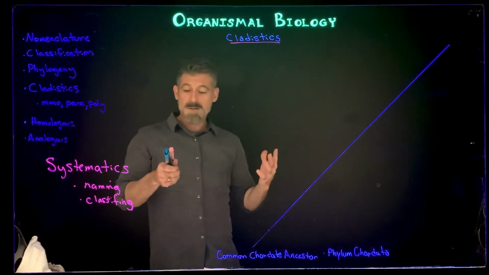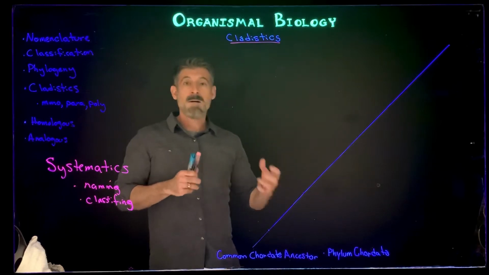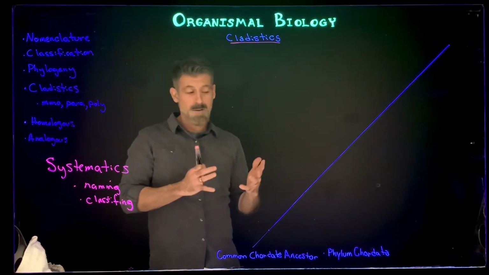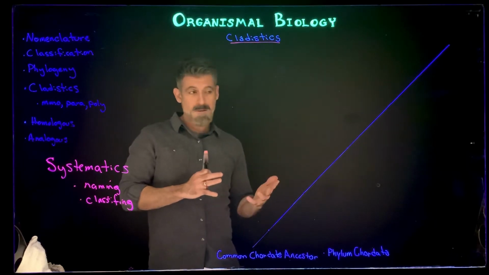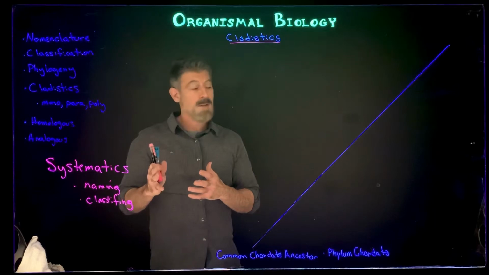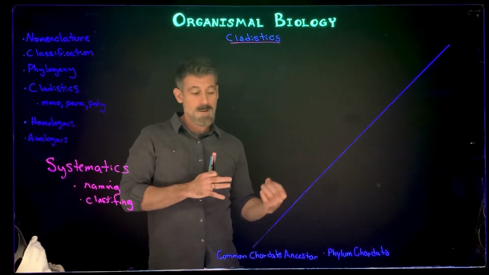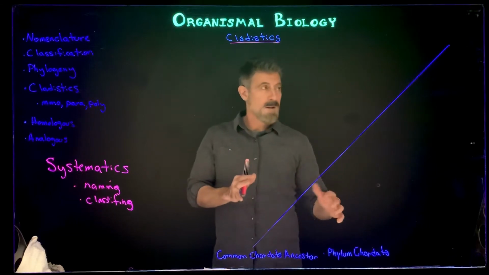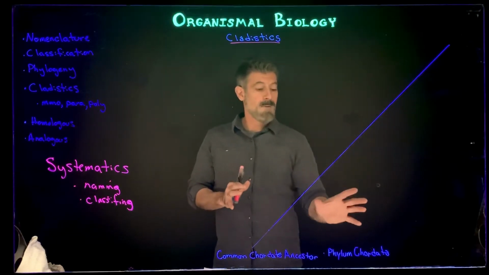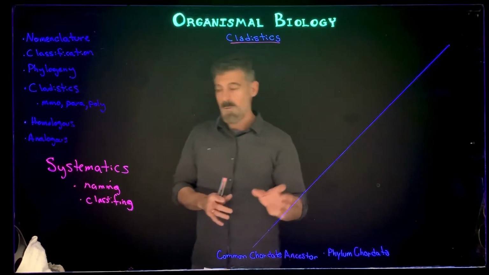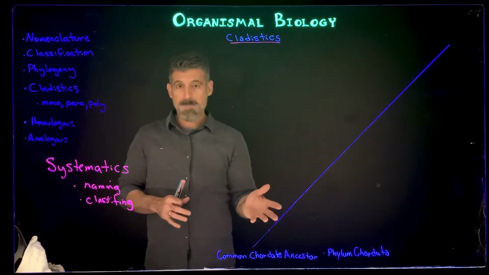So cladistics is one way of organizing and splitting off groups of organisms to look at their relationships and see who is more closely related to one another or more distantly related. The example I'm going to use here is a loose example for the phylum Chordata. Okay, so the chordates. A cladogram is a diagram.